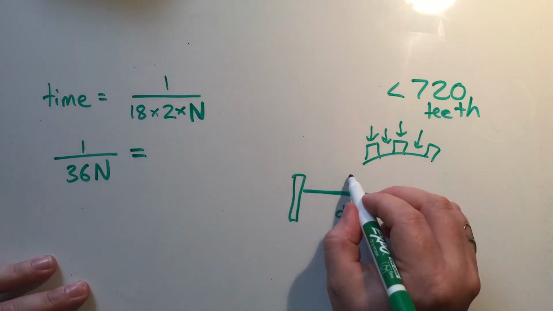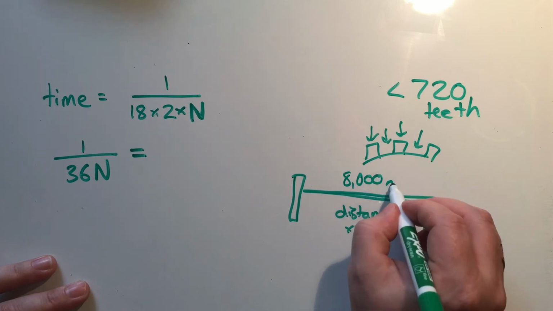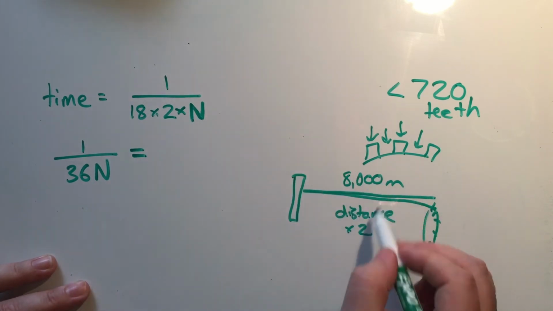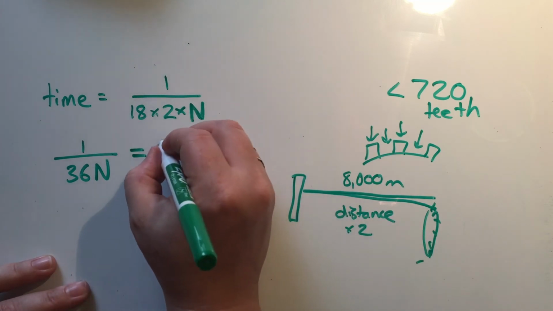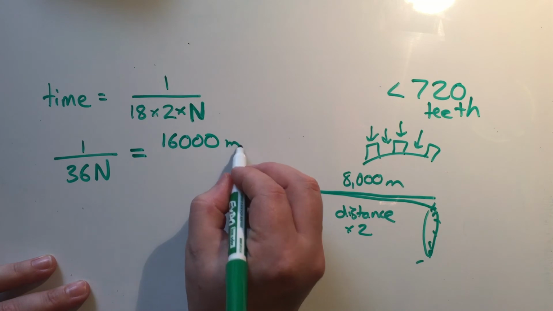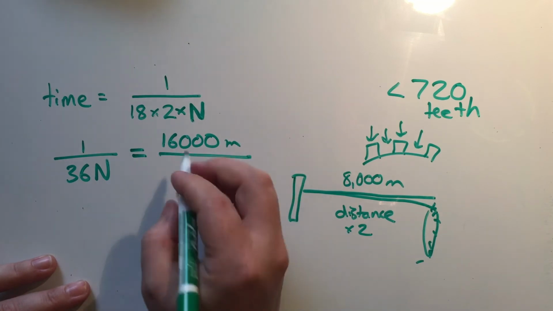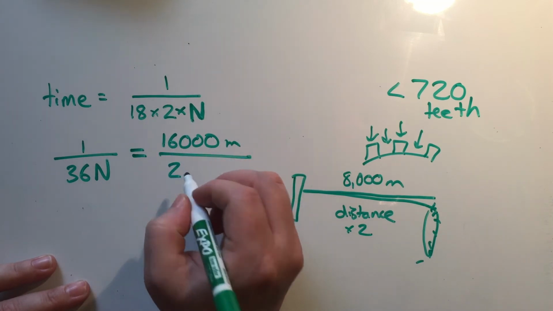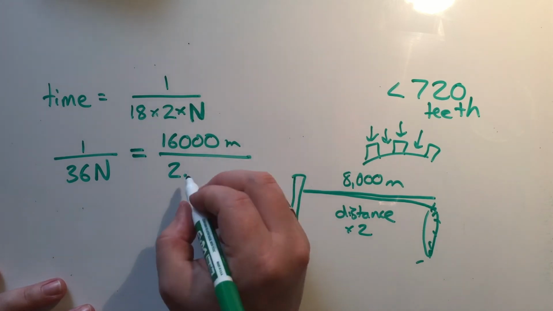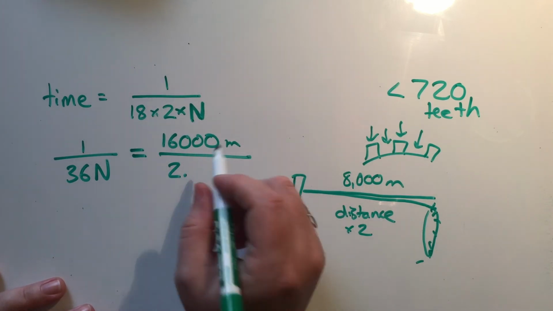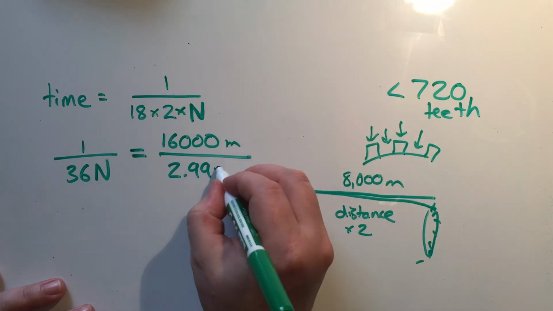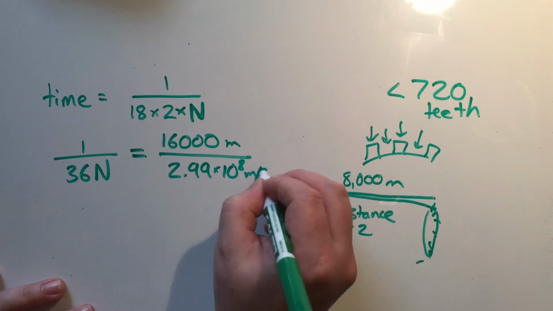The distance is still that 8,000 meters, as per the video. So 8,000 times 2 for the total distance is going to be 16,000 meters, divided by the speed of light, which we're using as 2.99 times 10 to the 8 meters per second. Here's where I screwed up. I had a typo in the homework where I said 2.88. I obviously just hit the 8 button instead of the 9 button, which is what it should have been.